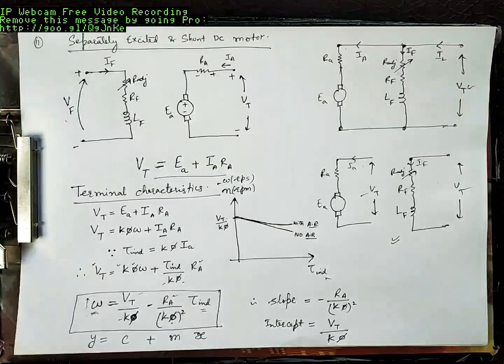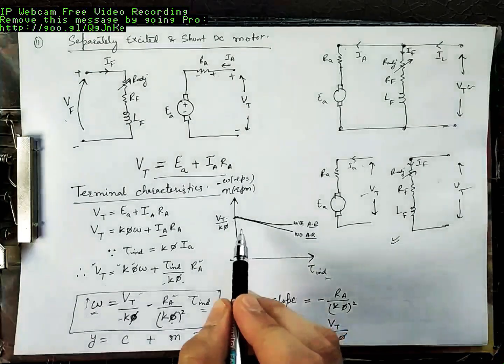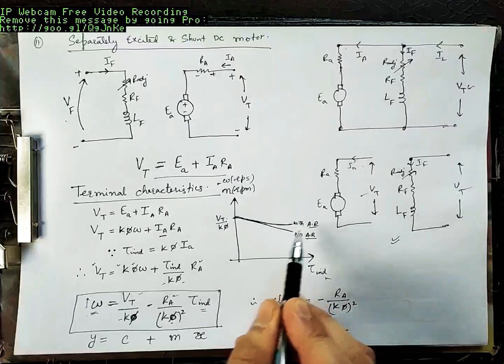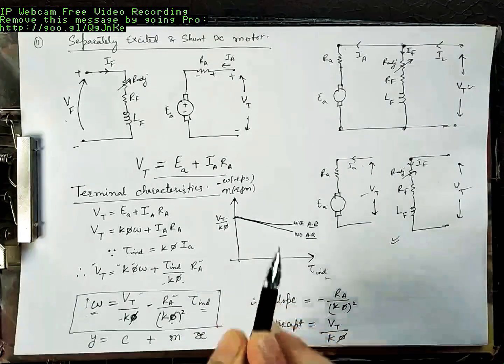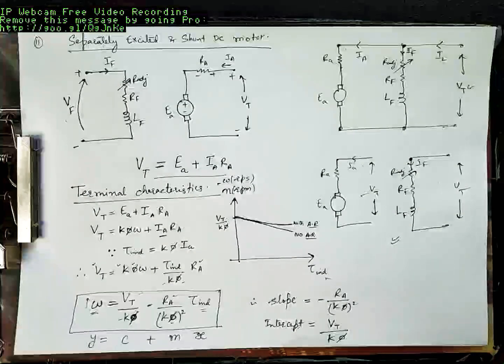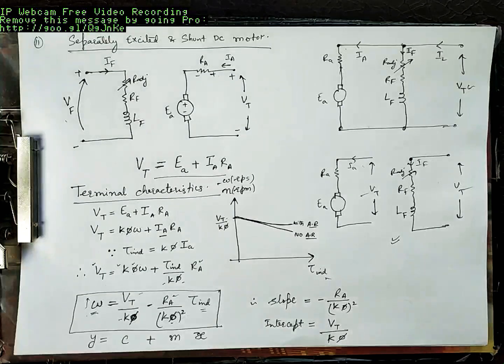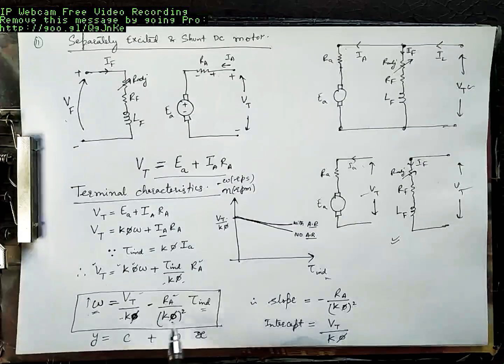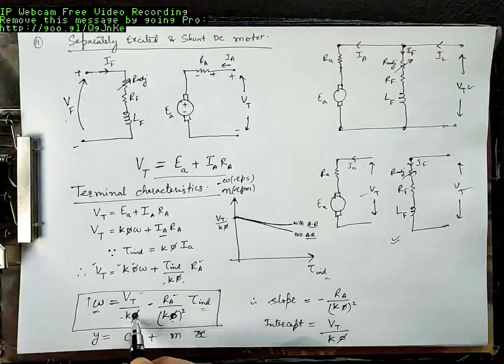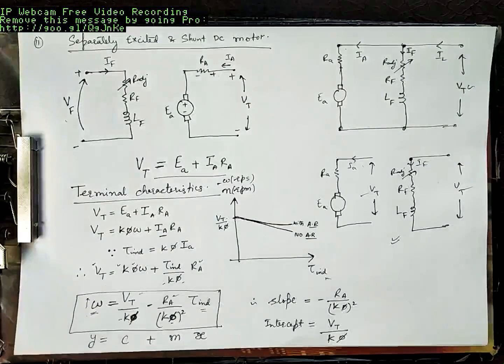That means though the speed will decrease, with armature reaction the decrease in speed is less. Though flux phi appears here as well, this flux phi over here is the dominant one.